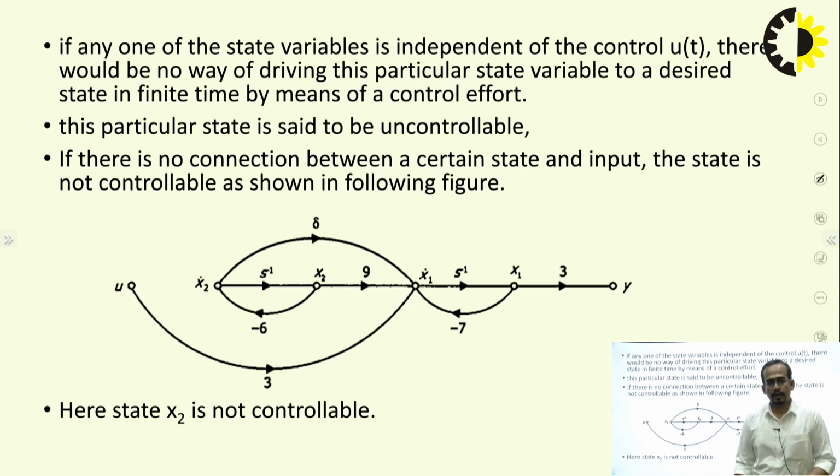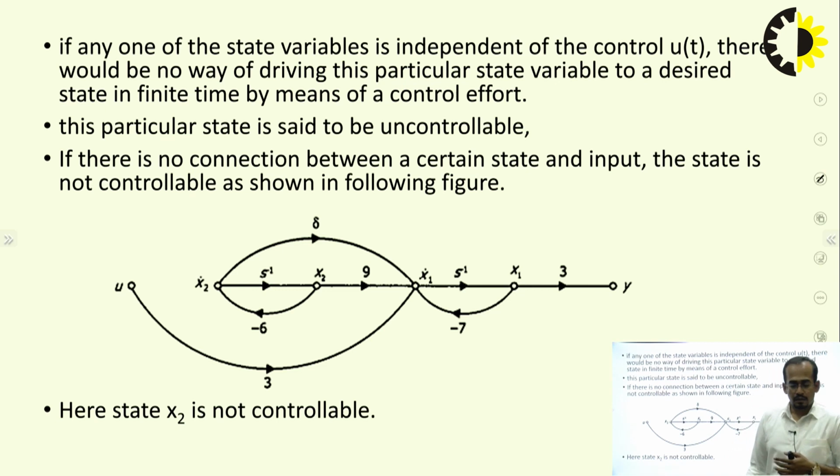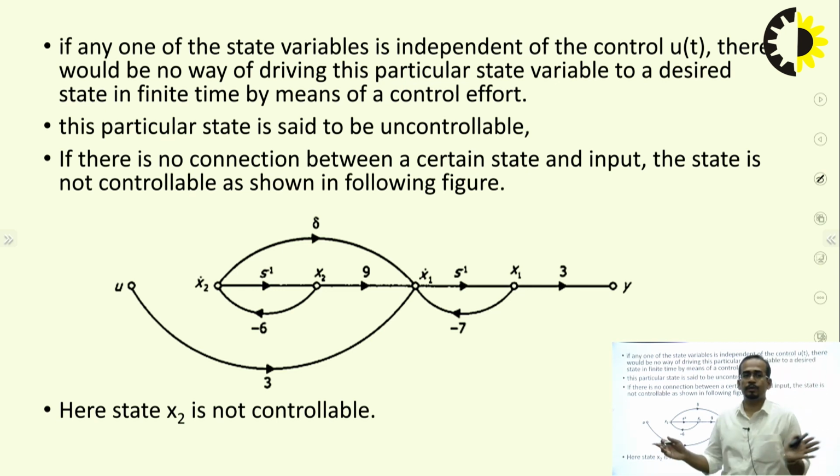So if there is no connection between a certain state and the input, then the state is not controllable, and if a connection is established between these nodes, then we can say the system is controllable.